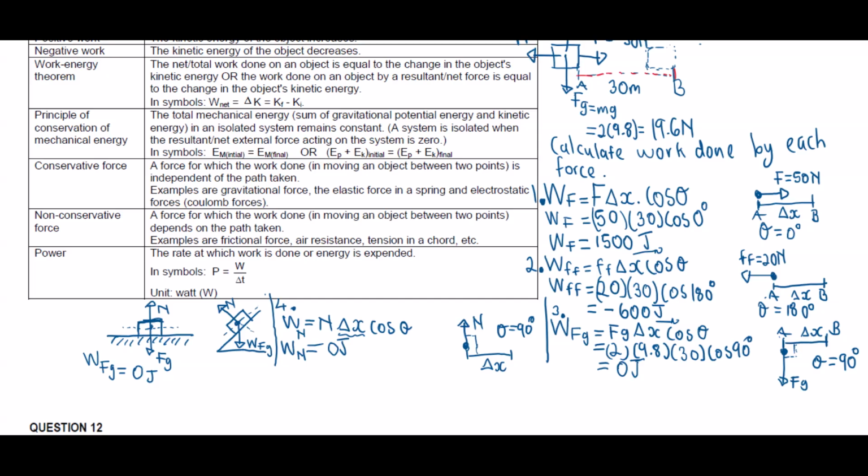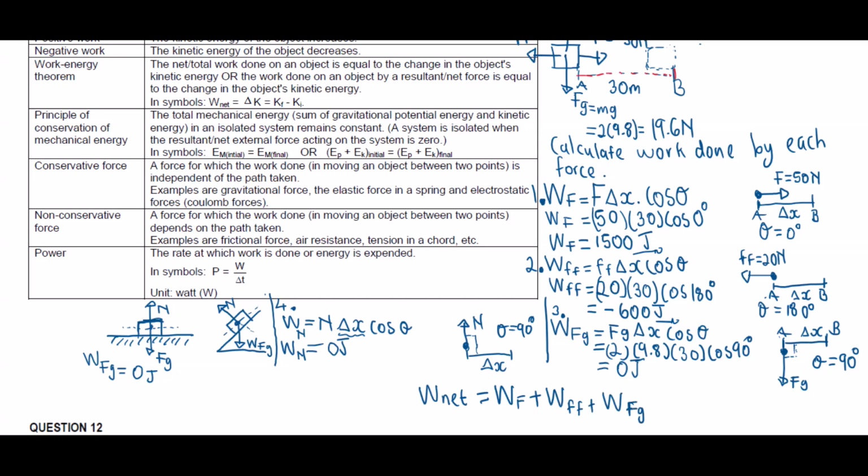Good. So now if I ask you in this situation to calculate the net work that was done, what is the net work? Normally we add all the work that was done by all these forces, right? So all the contributions, some of the contributions are negative and some are positive.